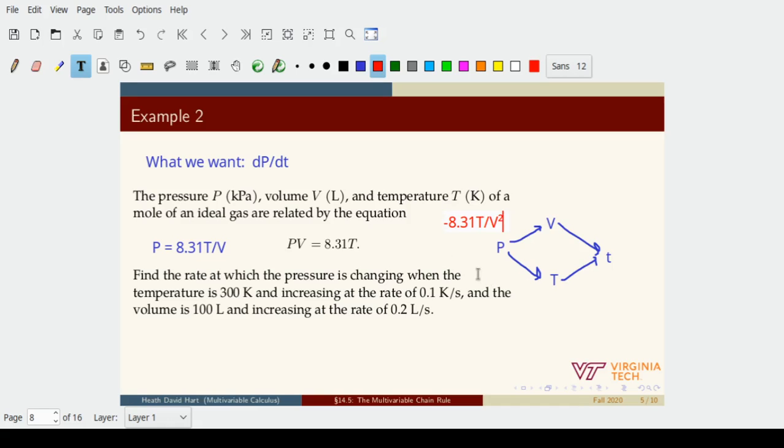And then pressure with respect to temperature, that's just 8.31 over V. And then the derivative of volume with respect to time is 0.2. That's what we're told here. The volume is increasing at the rate of 0.2 liters per second. And the rate of temperature with respect to time is 0.1.